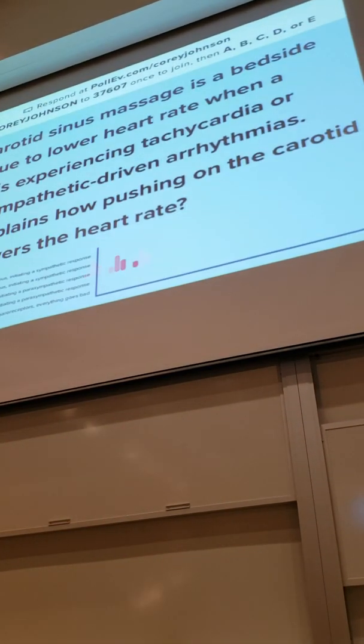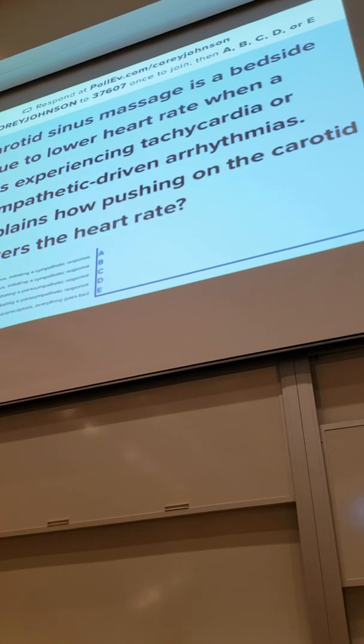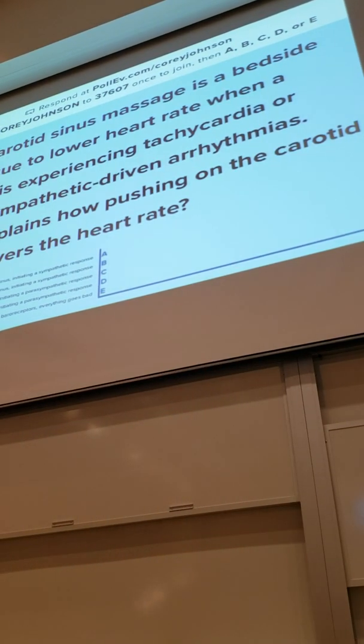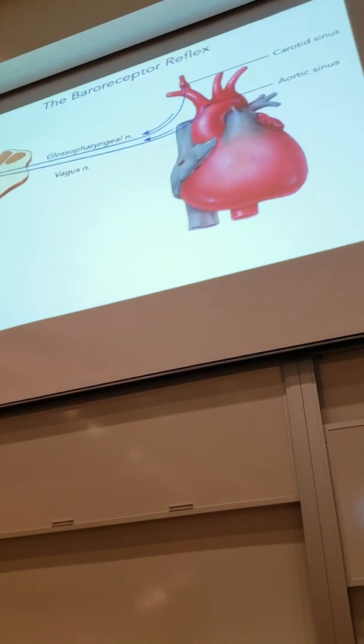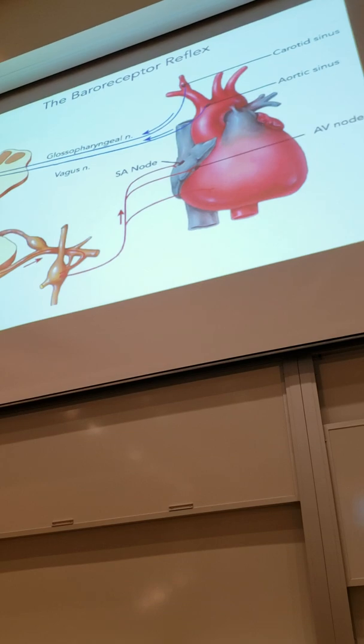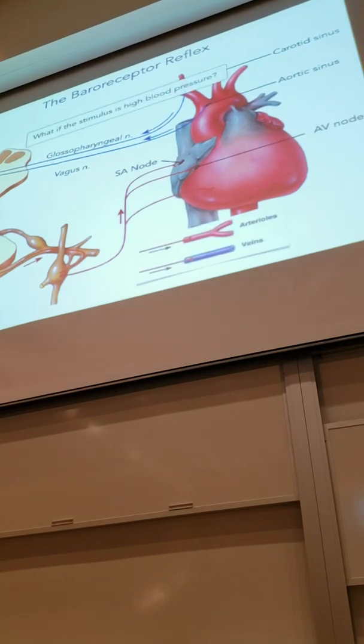So what we can say about the parasympathetic innervation is that it travels along the vagus nerve. The vagus here you can see has a sensory component and a motor component, and the motor is parasympathetic.